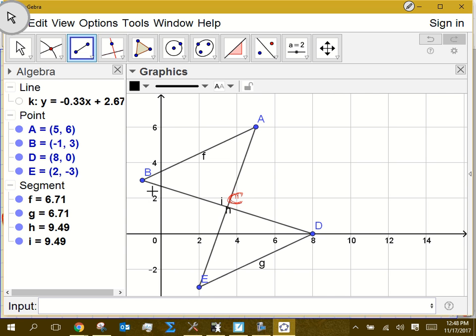Okay, still gives me the correct things, all the same slopes and all that kind of stuff.